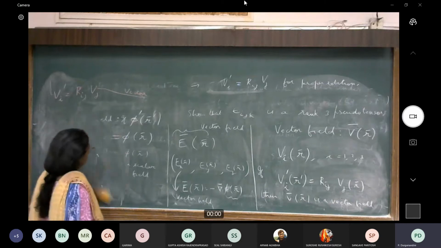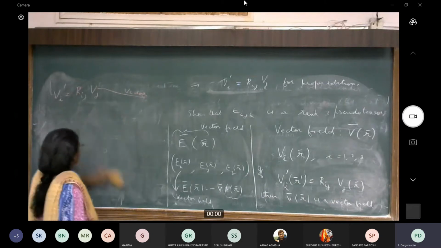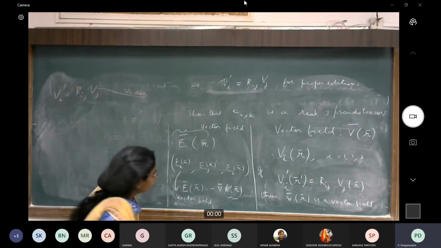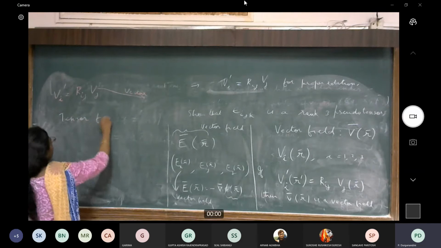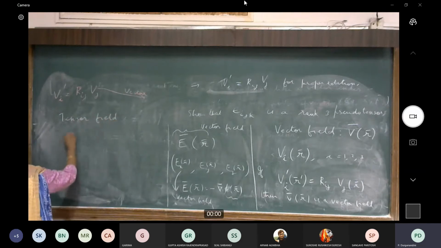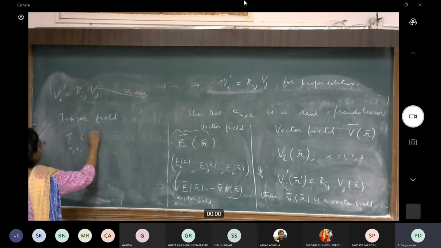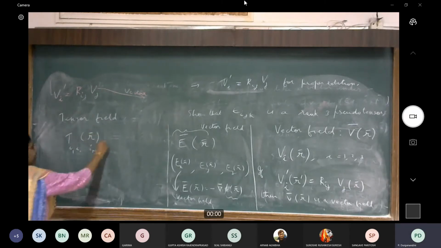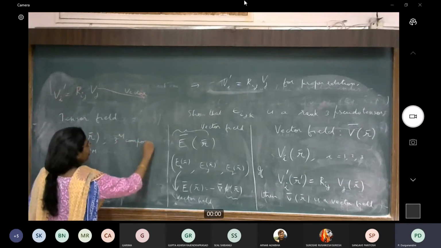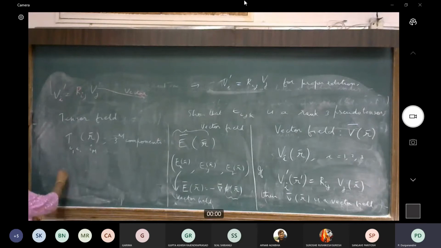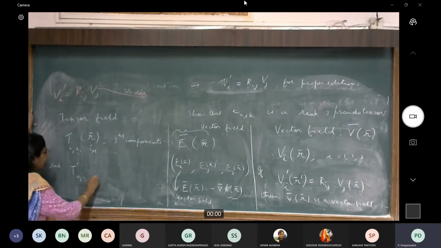Now I can generalize this again to higher tensors. So I'm going to define tensor fields in the following way. It's an object which has indices i1, i2 up to im, and each of these components now depends upon your position. So I have 3 to the power of m components, and each component depends upon r. And if T prime i1 i2 ... im of r prime equals R_i1j1 R_i2j2 ... R_imjm T_j1 j2 ... jm of r, I'm writing it directly.